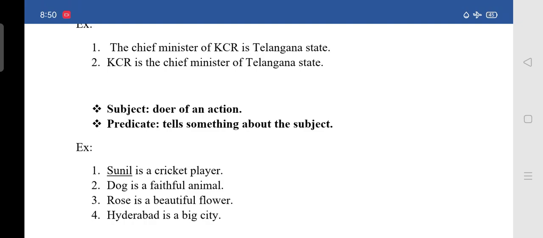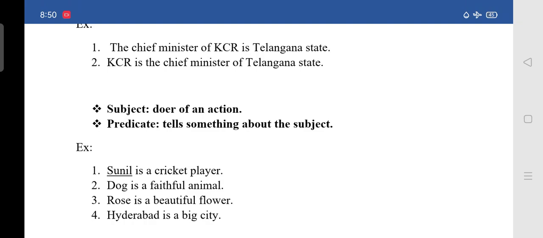To get a clear idea, see the first example: Sunil is a cricket player. In this, who is the doer? Sunil. So he is the subject. Why? He is doing an action here. Sunil is the subject, and the remaining part, is a cricket player, is explaining about Sunil.